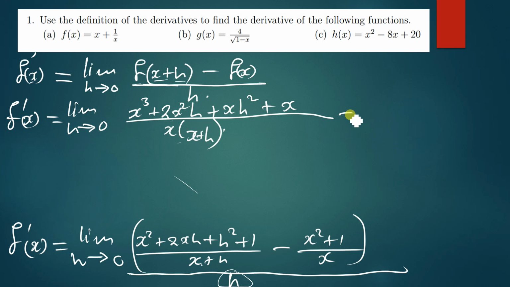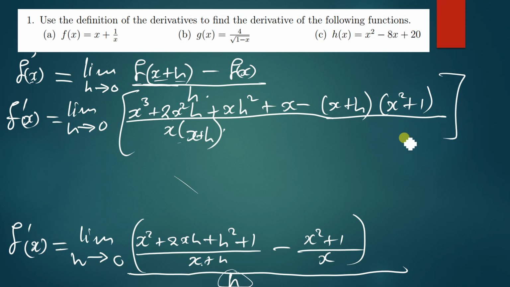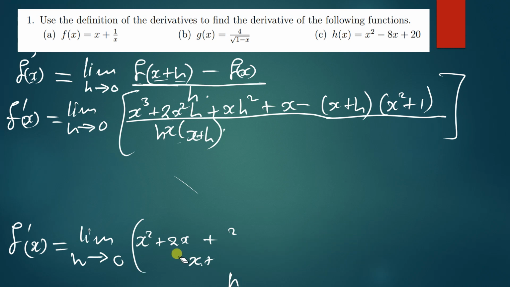And then minus: when we say x into this expression, we're going to remain with x plus h, then we multiply it with x squared plus 1, and that will give us x plus h times x squared plus 1. Now if we divide by h, it means that the h will be there. This is the h I'm talking about. So I'm still simplifying this expression.